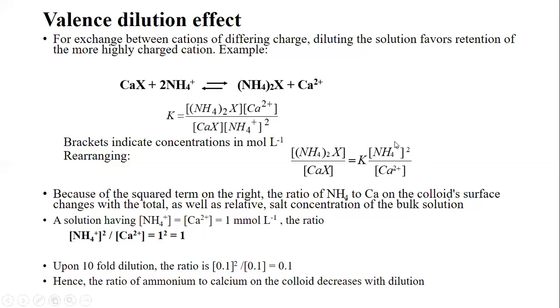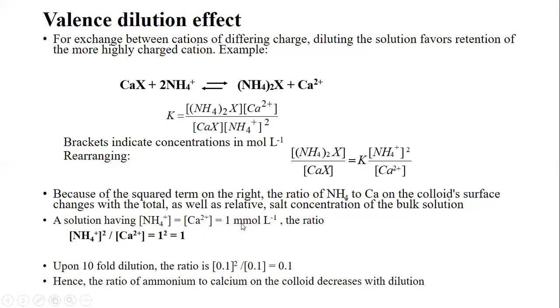So the ratio of ammonium to calcium is way down, way low. And that means, remember, K is constant, so the ratio of ammonium to calcium on the exchange was reduced, which means more calcium was on the adsorption sites of the colloid. Remember, we calculate this one by knowing the concentration in salt solution to know the ratio on the exchange.